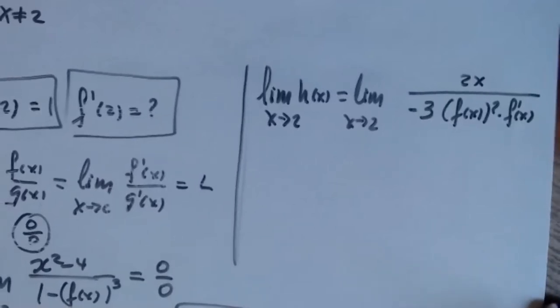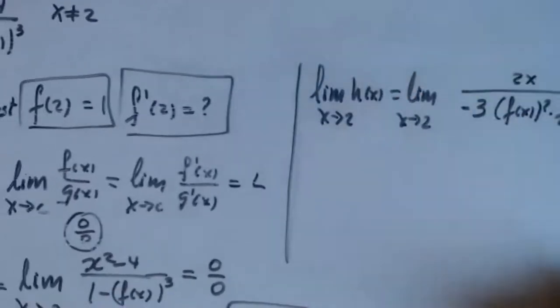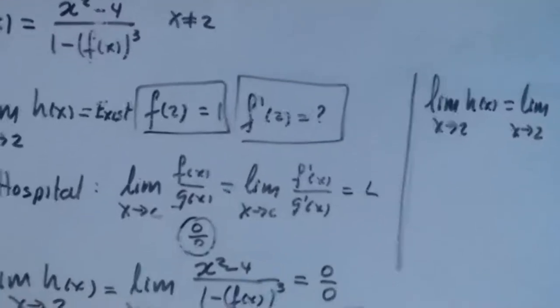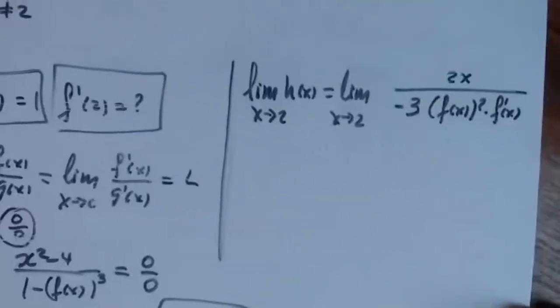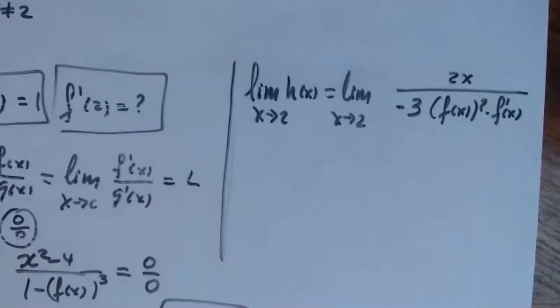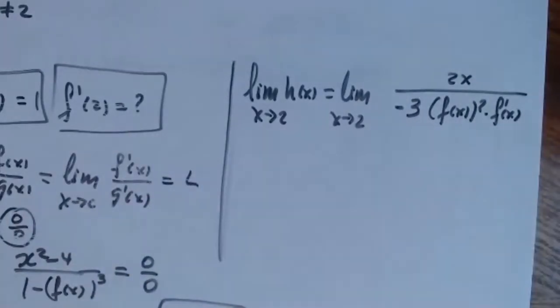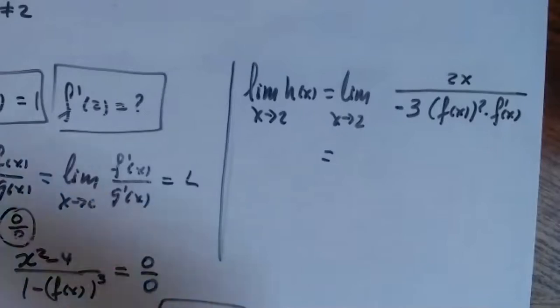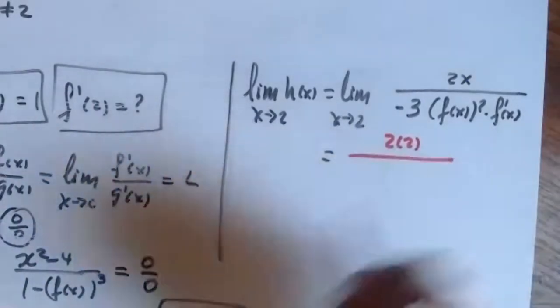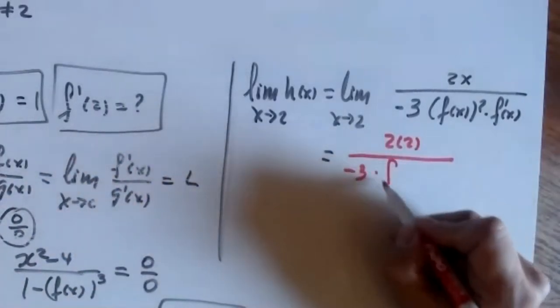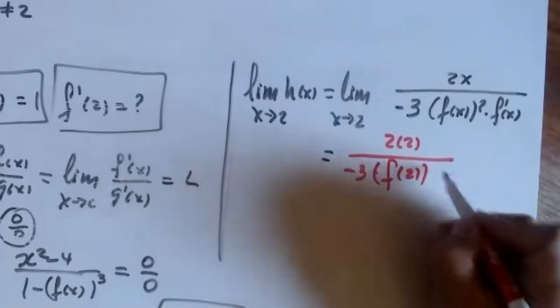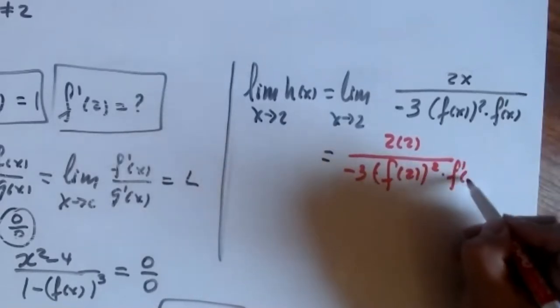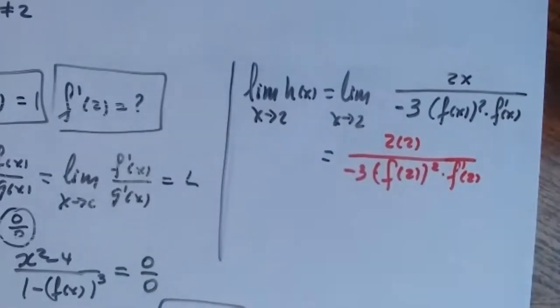So what is the limit then? What is f prime of 2? How do you find f prime of 2? No idea? So let me just put this one. Evaluate the limit of that. So f prime of 2: 2 times 2 over negative 3 times f of 2 squared times f prime of 2, right?